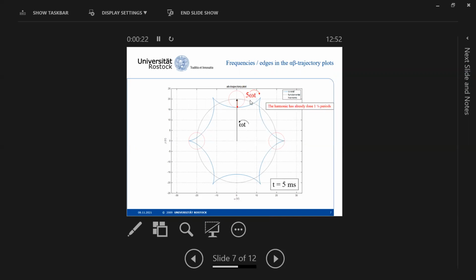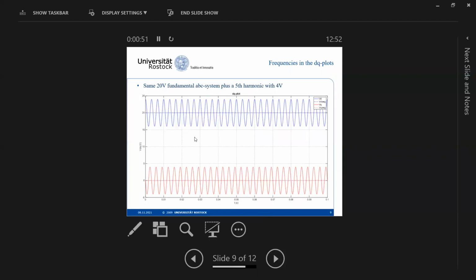And after some time, they are basically facing opposite to each other. So they are out of phase. You can see the positive sequence is pointing upward and the negative sequence is pointing downward. So it makes the least magnitude. And like that, after some time you would see the maximum magnitude again, and so on.